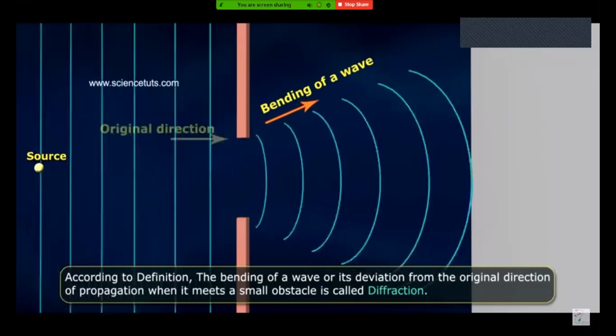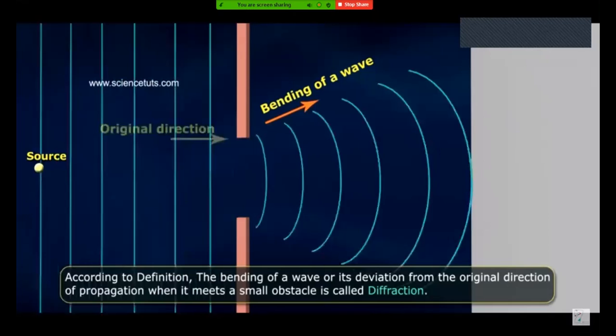Then the light ray has bent like this. Earlier the shadow region was starting from here, now the light ray has reached over here. So the light has entered into the shadow region. Similarly, on this side also the light has entered into the shadow region.